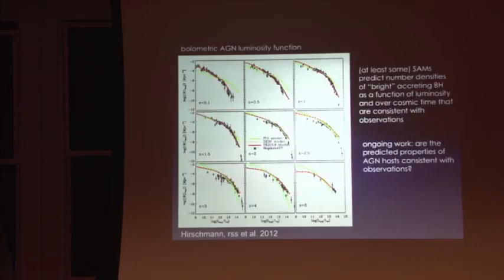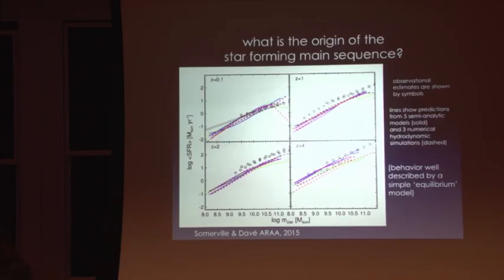Absolutely. So the observations may be wrong. I forget who the quote is from, but if your model matches all of the observations, the model's wrong because some of the observations are wrong. Yeah, absolutely. Well, remember that everyone is tuning their models at redshift 0.